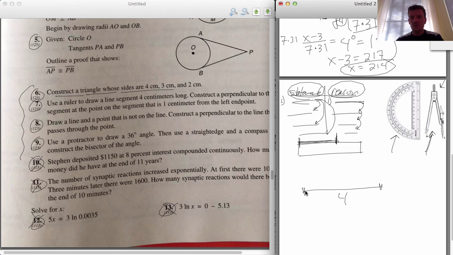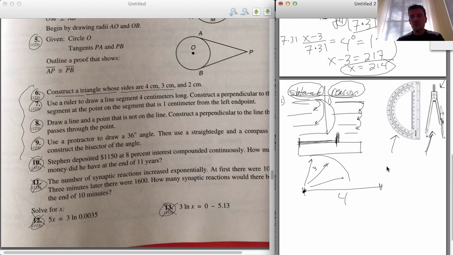You take the pointed end of your compass, keep it at that 3 centimeters, and put the pointed end at one end of the segment, and then draw an arc using the other end where the pencil is, and that is going to be 3 centimeters. Okay?